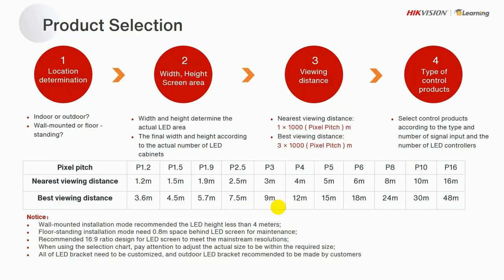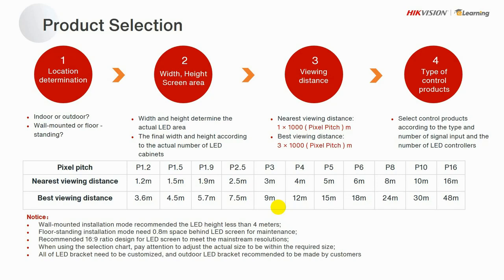Then determine the actual LED area and the final width and height according to the actual number of LED cabinets. And you should consider the best viewing distance, which is 3 multiplied by the pixel pitch in millimeters. The nearest viewing distance should not be closer than 1000 times the pixel pitch.